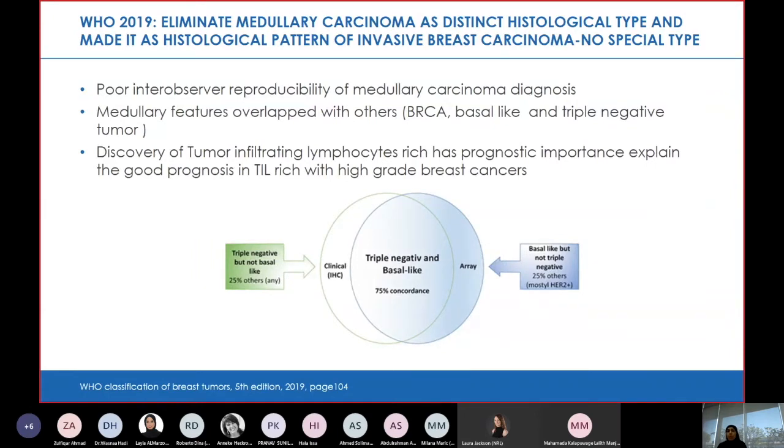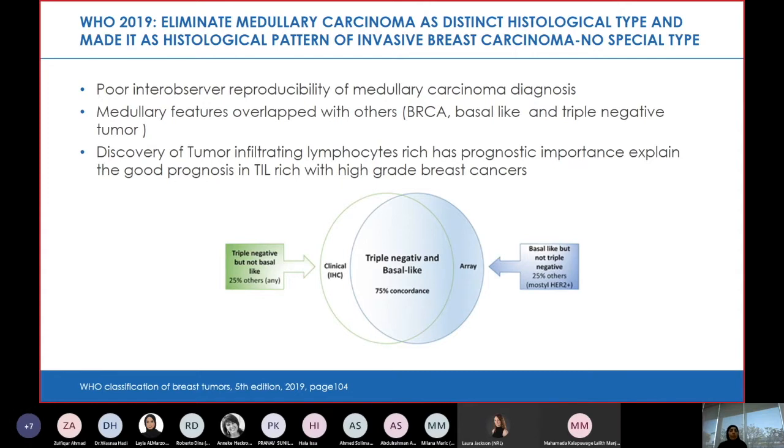But I believe the most important reason may be the discovery of tumor infiltrating lymphocyte rich tumors, which has prognostic importance and explains the good prognosis, not behind what we used to call medullary carcinoma, but for all high-grade breast cancer that is tumor infiltrating lymphocyte rich.